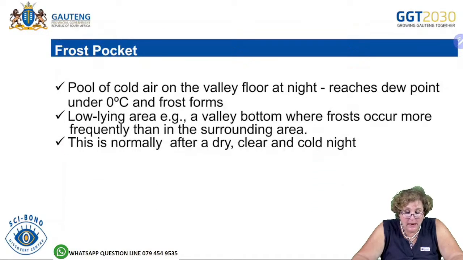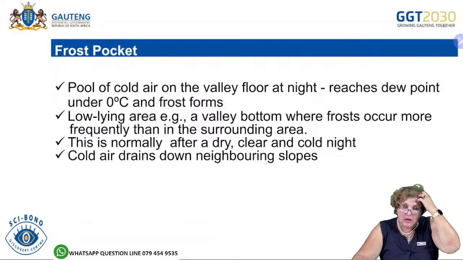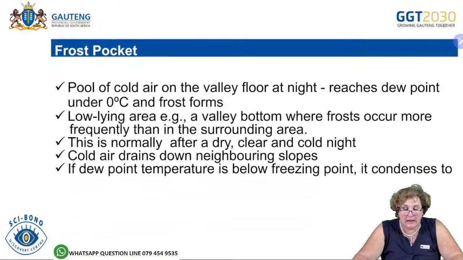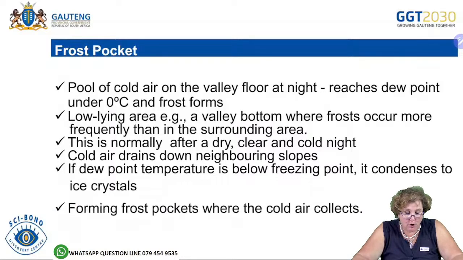It is normally after a dry, clear, cold night. No clouds. The cold air drains down the neighboring slopes, and if the dew point temperature is below freezing point, it condenses and forms ice crystals. Those ice crystals are called frost.